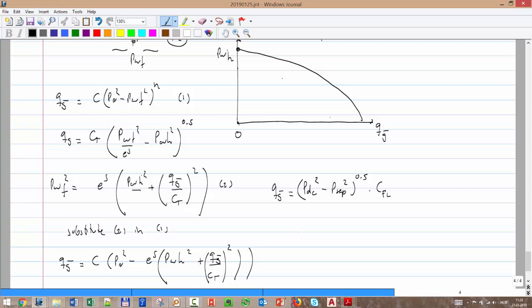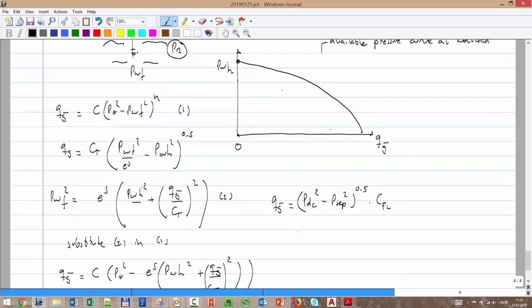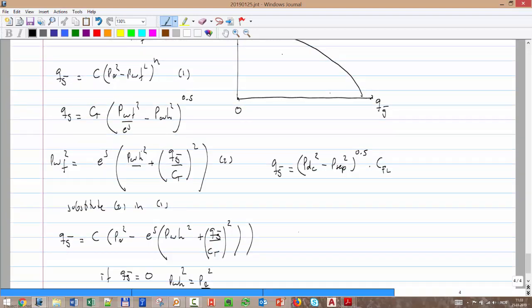If I plot that equation, how does it look? Well, let's make an extra step. QG CFL squared equals PDC, P separator plus, and then I take all of that to the 0.5.